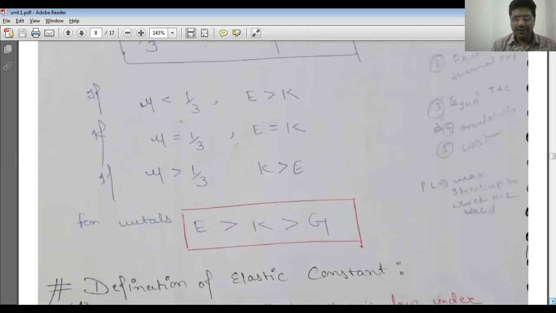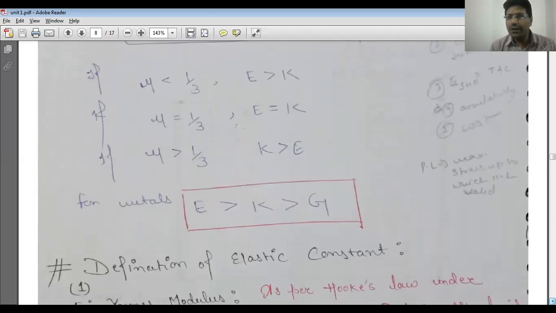So in this way we can conclude that the modulus of elasticity is greater than the bulk modulus, and that is greater than the modulus of rigidity. So highest is the modulus of elasticity, then bulk modulus, then modulus of rigidity.